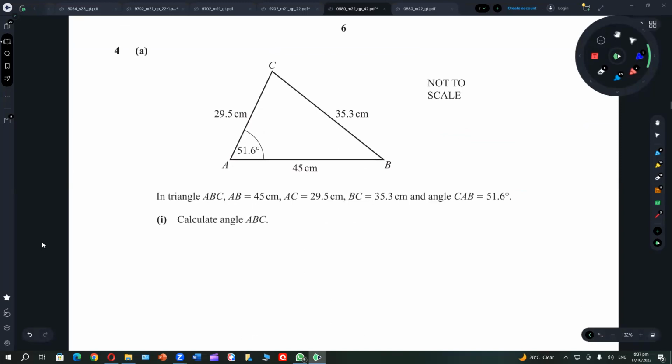He says calculate angle ABC. This one. Can we use sine rule? Sine rule. Yeah, we can.